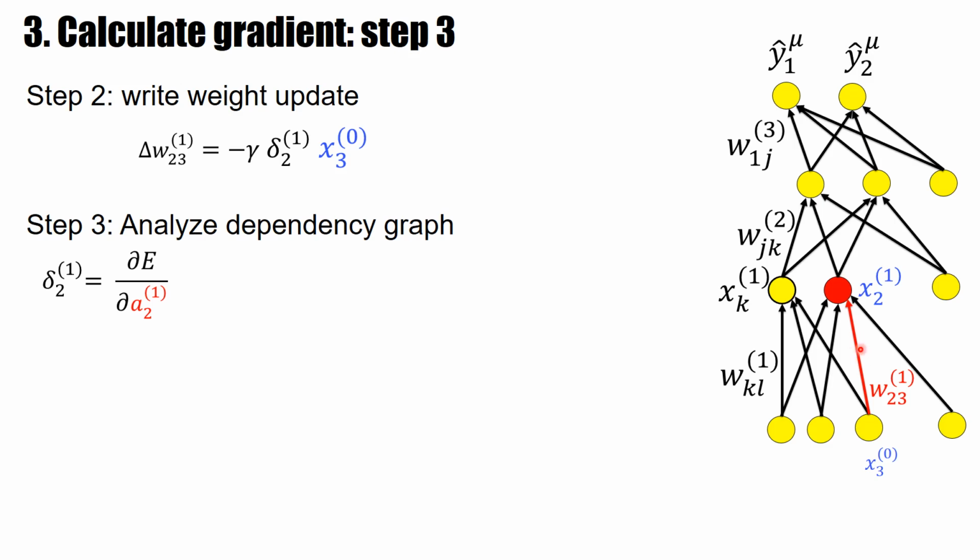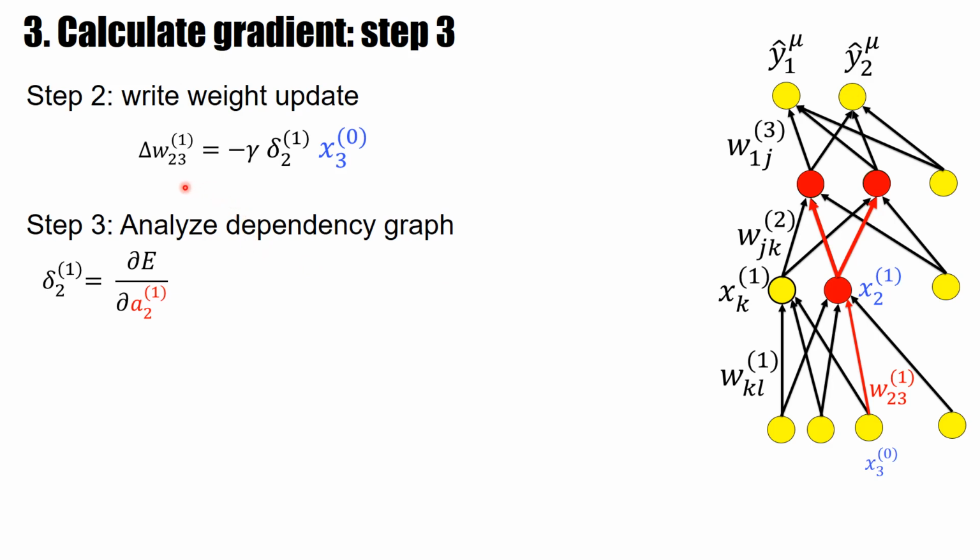Gradient descent is about changing weights. Then as a result, this neuron will also change a little bit, and then this neuron will also change a little bit. And these changes will finally give the change in the output. And that's what we want. We want to reduce the error.